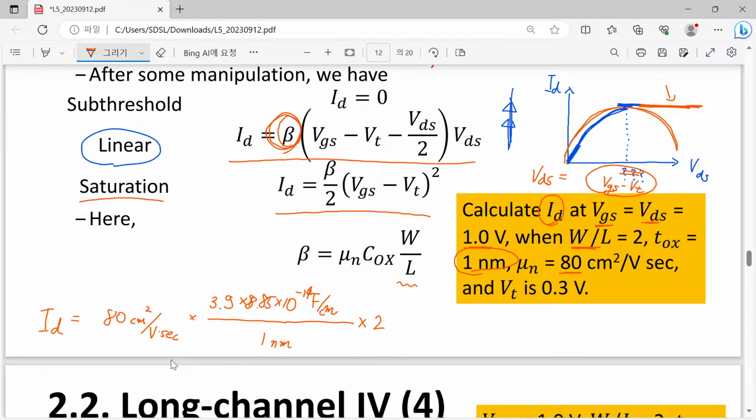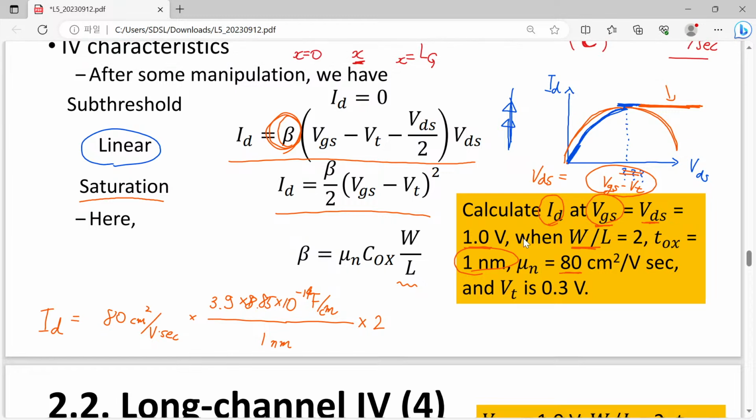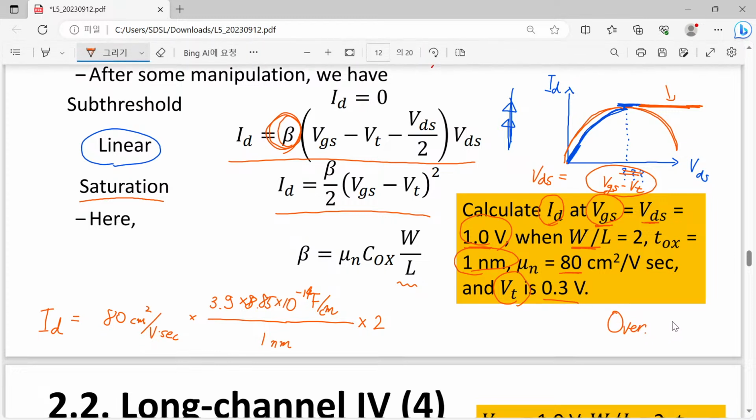After that, once you get the beta value, please consider whether that is in saturation mode or linear mode. How can you determine this? Since gate voltage is 1 volt and threshold voltage is 0.3 volt, we can say that gate overdrive voltage is just 0.7 volt. Then compared with drain voltage, which one is larger?